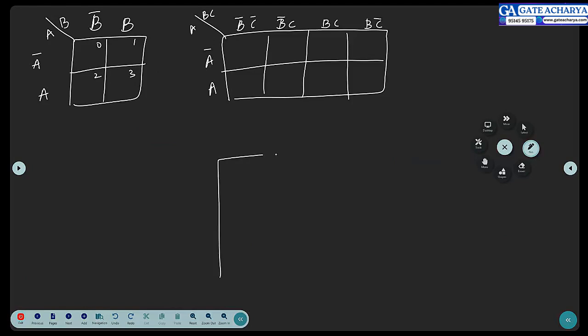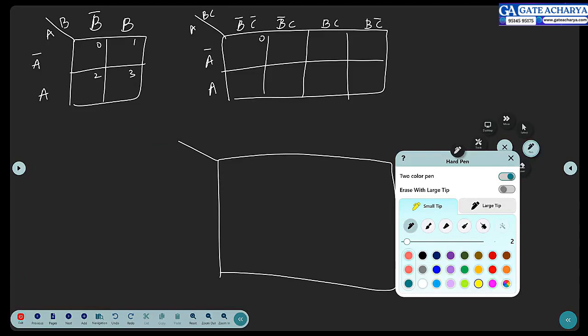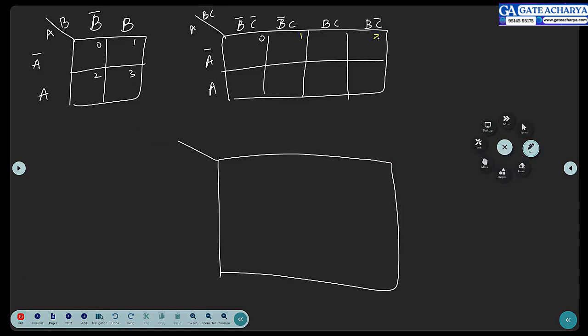And how about a four variable K map? And we should be giving this 0, 1, and how about here?